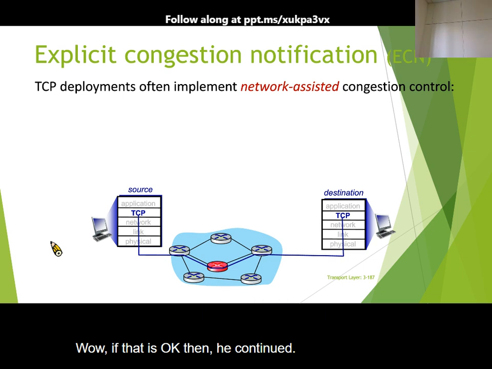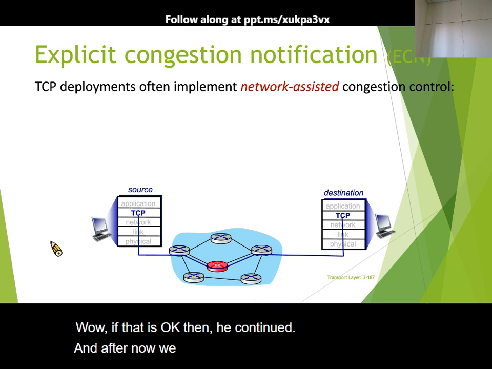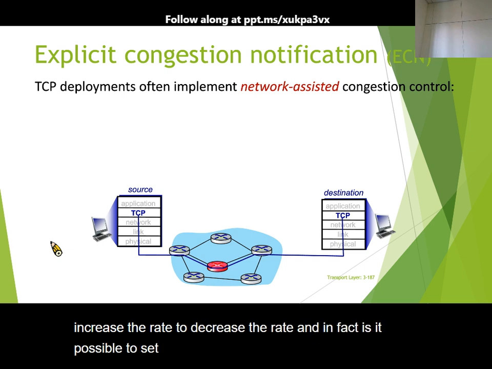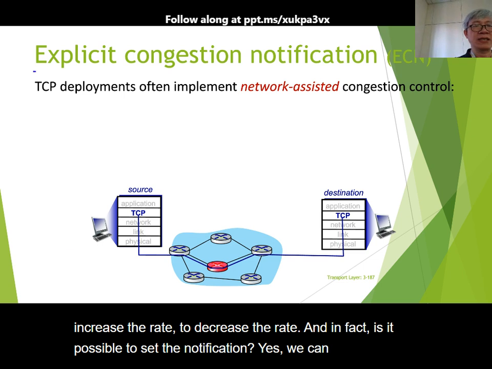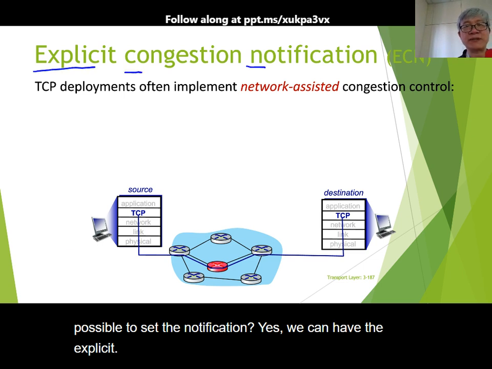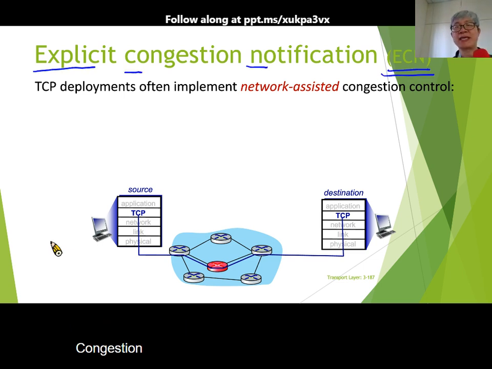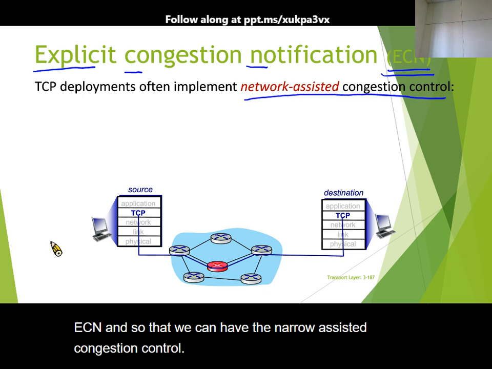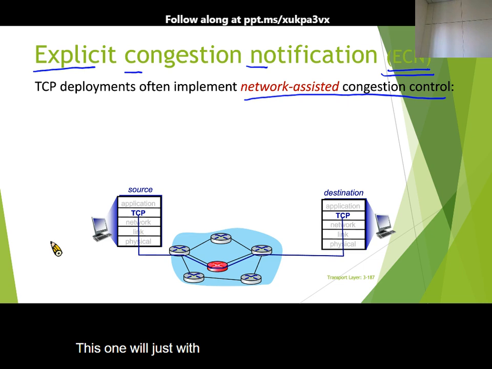Up to now, we have TCP congestion control to increase the rate and to decrease the rate. And in fact, is it possible to set a notification? Yes, we can have explicit congestion notification, with the shorthand ECN, so that we have network-assisted congestion control. The sender or receiver knows the status, set by the routers.